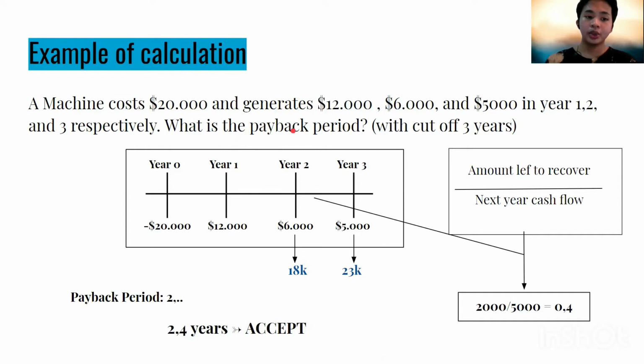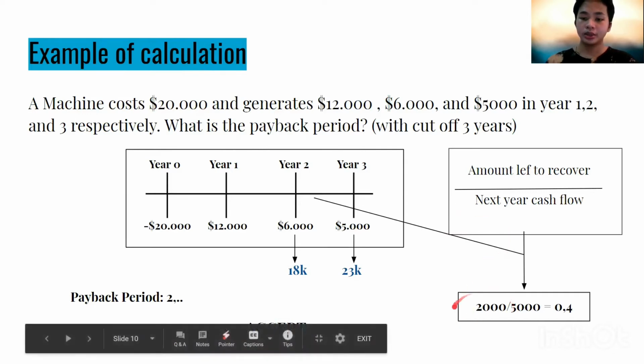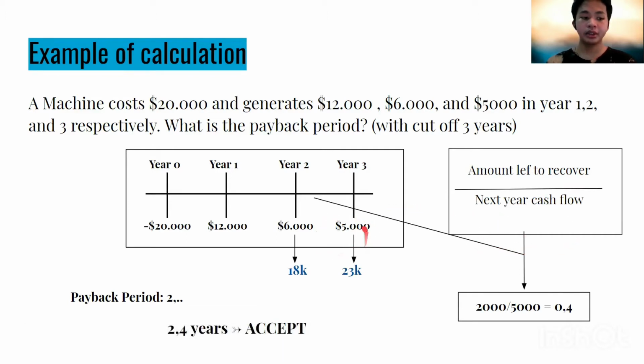To find that value, we can use this formula right here. So how much is left to recover to get from $18,000 to $20,000? We still need to recover $2,000, and we divide that by the next year cash flow. The next year cash flow is this $5,000.